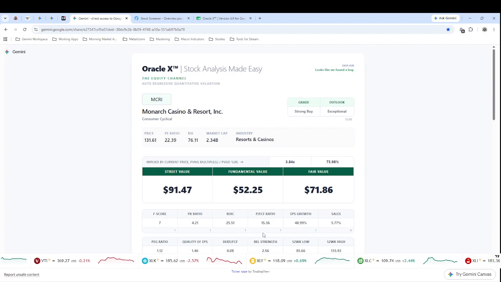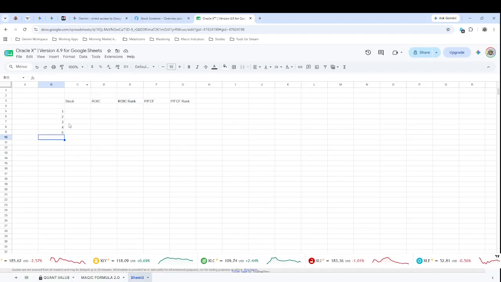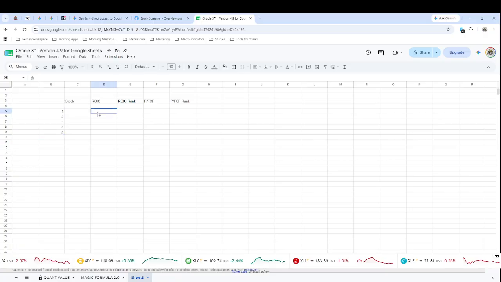Looking strong, it's got everything we're looking for. All right. So we're gonna make them the first one here. Their price to free cash flow is at 15.36. Return on invested capital 25.51. All right. 25.51 and 15.36.